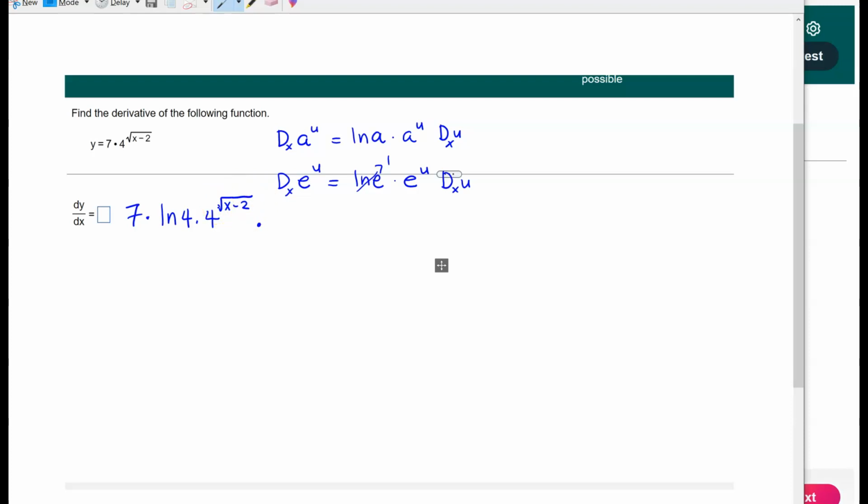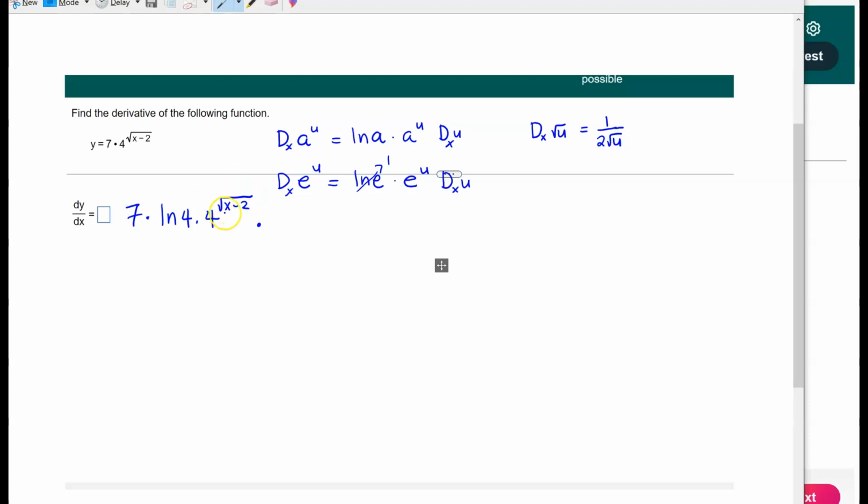I also encourage students to just remember the derivative of square root of u. Although we don't have a formula for that, because this usually comes out, just remember the derivative of square root of u will just be 1 over 2 square root of u. That's the derivative for that.